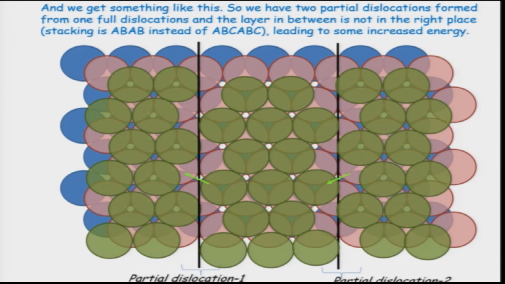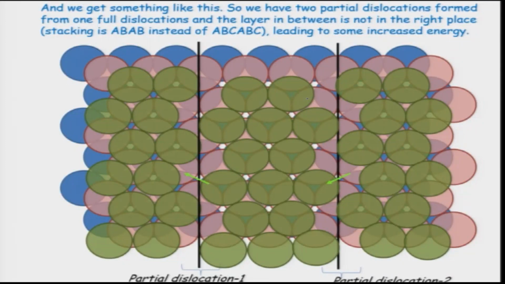So, you can see that there is a dislocation line over here, there is a dislocation line over here, and in between these you have the region which, as you remember, does not follow the desired sequence of atoms, which is ABC. It has an ABA type of sequence. So, this region can be called the stacking fault region.